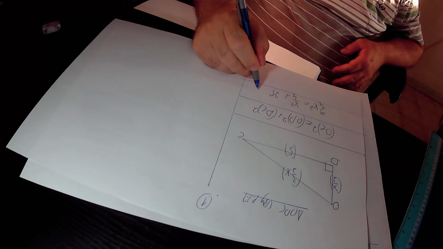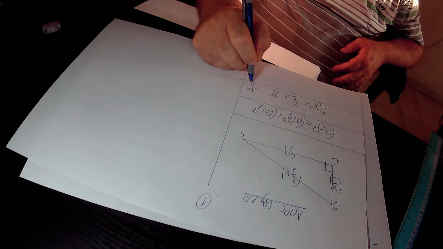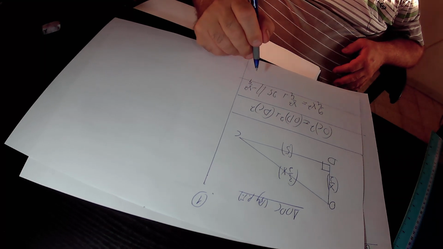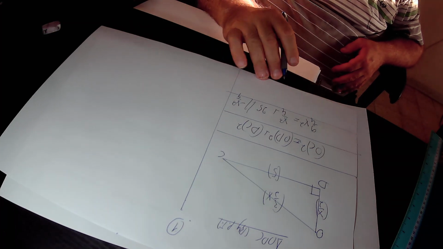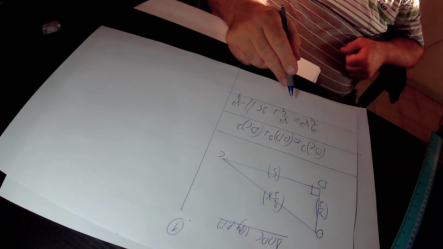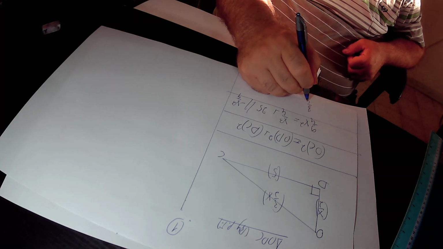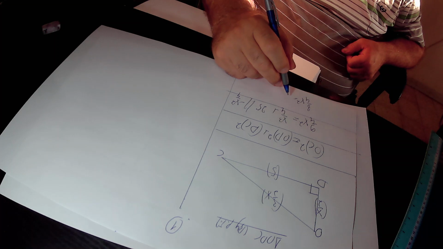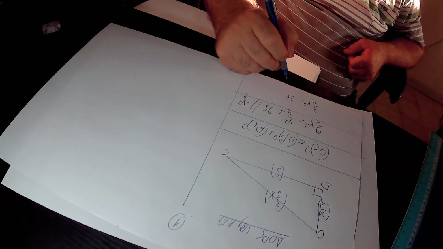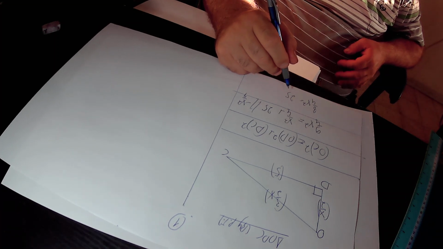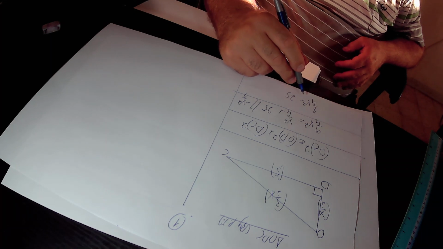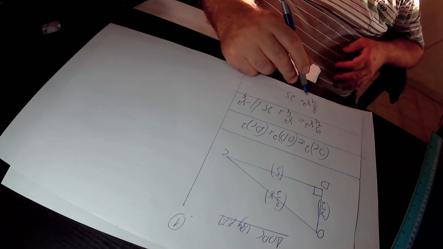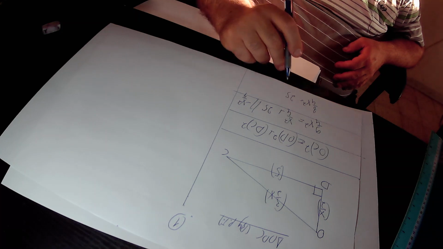Here we subtract x squared over 4 from both sides. And finally we get that 9 quarters x squared minus 1 quarter x squared equals 8 quarters x squared, and it equals 25. So 8 quarters x squared equals 25. 8 over 4 is 2. So this expression equals 2x squared.